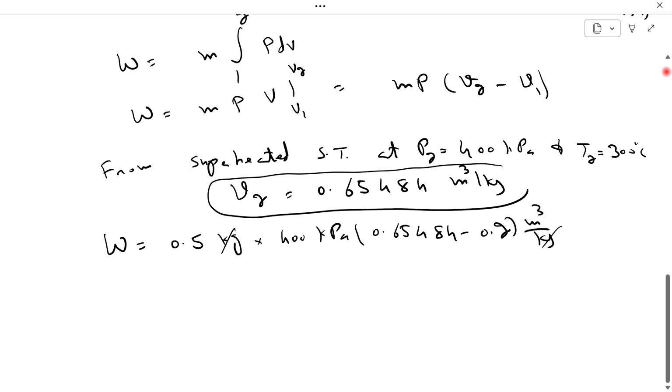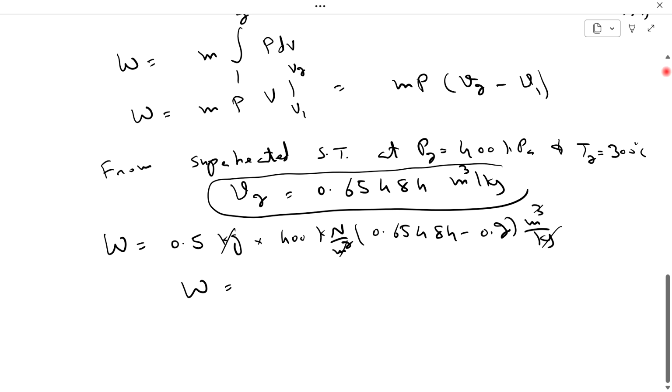This kg will cancel with this kg. Kilopascal, we can write Pascal as Newton per square meter, so meter square will cancel with the square meter, and one meter will be left. So W is equal to 0.5 multiplied by 400 multiplied by this difference.